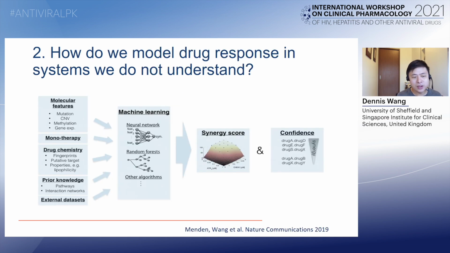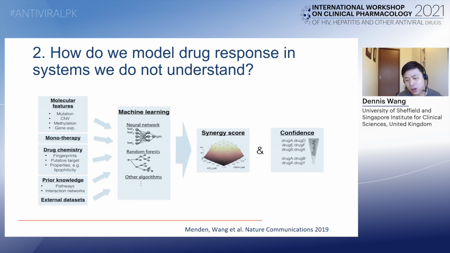So next, we looked into more preclinical data, so more drug screening data in cancer cell lines again, and we took a more agnostic approach, by which we collected the molecular multi-omic data from the cell lines, and also drug information about the chemistry and also known pathways that are affected by the drug.